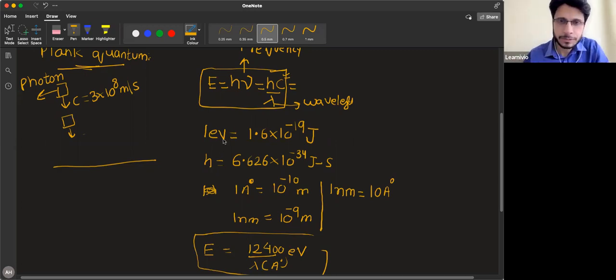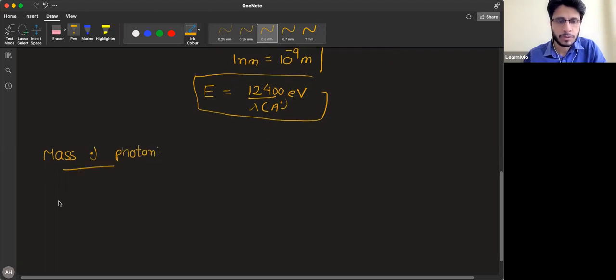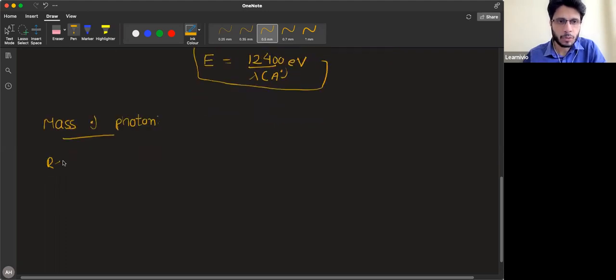After this, so this is energy. From here, you can calculate the mass of photon also. So Rehan, what is the rest mass of photon?